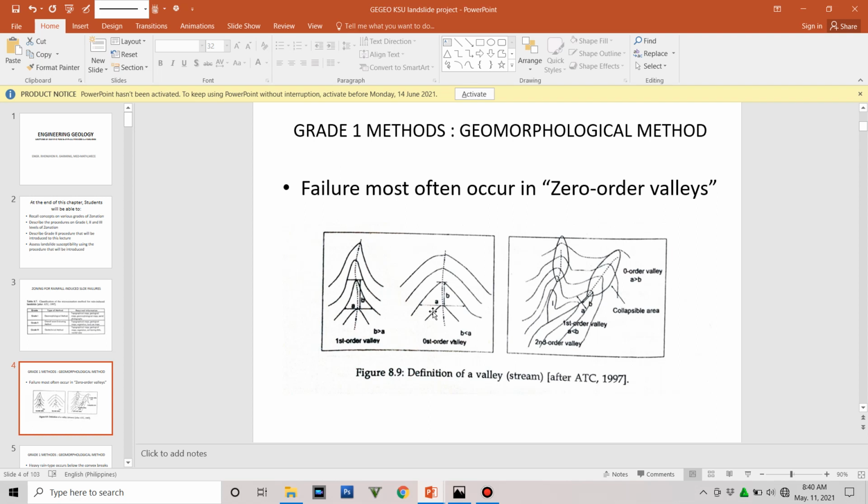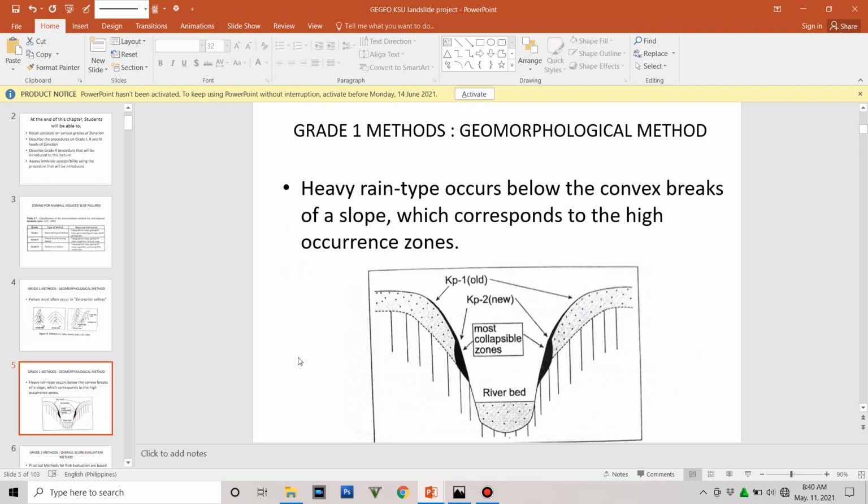So the criteria here on the grade 1 method: first, zero order valleys are more susceptible to erosion and landslide. Secondly, heavy rain type occurs below the convex breaks of a slope, which corresponds to a high occurrence zone. We can see here a cross section where we have the riverbed, and there is a transition between the concave and the convex curves.